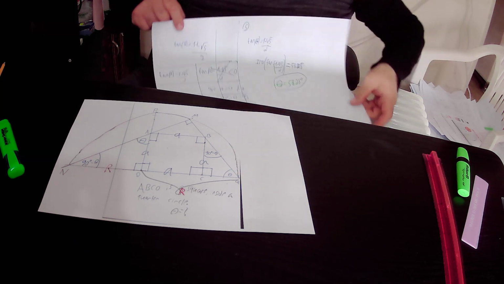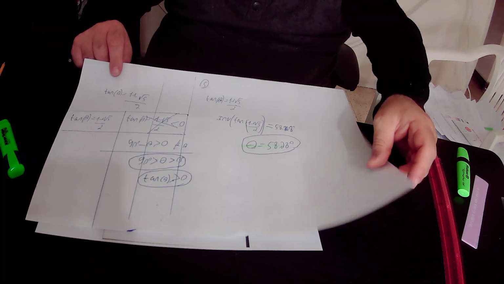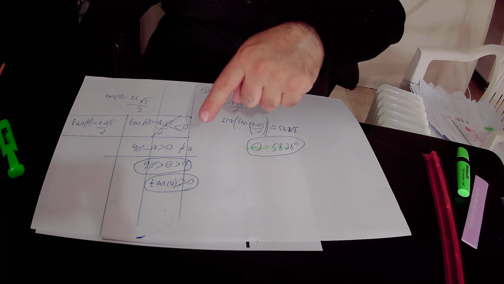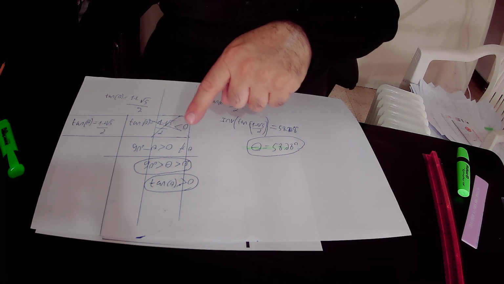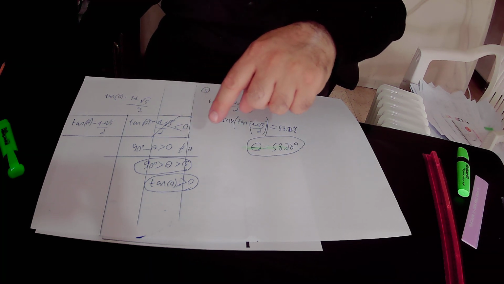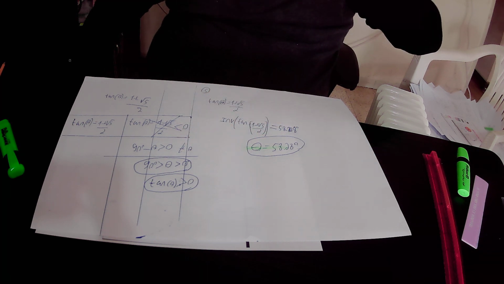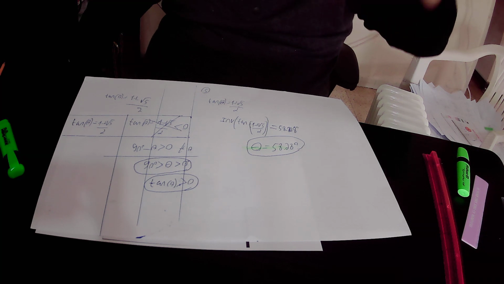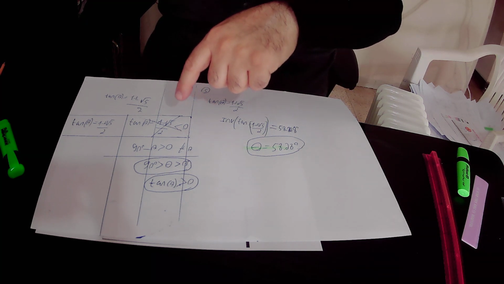So we found out that from one side, theta is greater than 0, but from the other side, theta is less than 90 degrees. In this range of angles, tangent theta is a positive number. But according to our solution, tangent theta is a negative number. So we have a contradiction. So this solution is an incorrect solution.